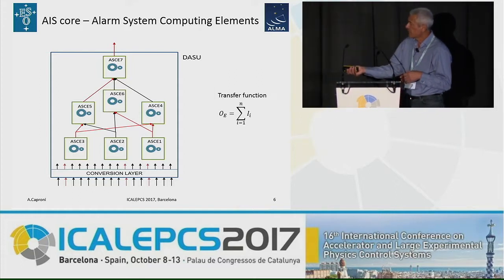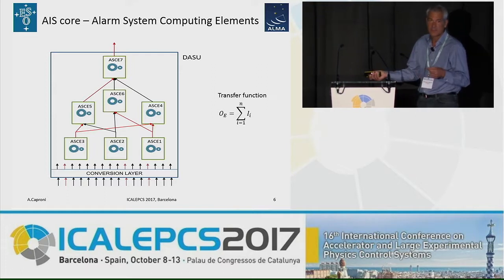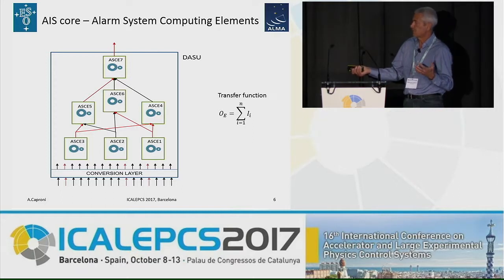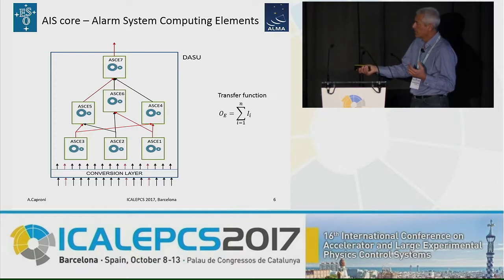But these inputs are the ones produced by the monitored system, so they have the monitored system's or control system's data structure. So we need to convert all these monitor points and alarms into values that can be digested by the DASU. This is only a logical view, because the conversion layer can be in a different place. But the important thing is that what is here is something our integrated alarm system can understand.